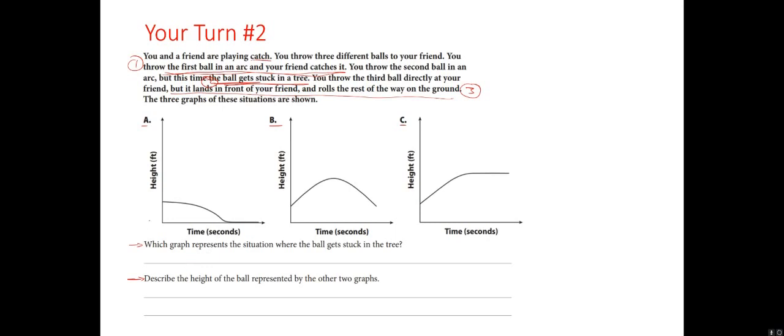Talk about the height and where it ends. This is also known as end behavior. The ball right here in part A looks like it just ends up on the ground. In graph B, the ball appears to be ending right there. And graph C looks like your ball just ends right there.